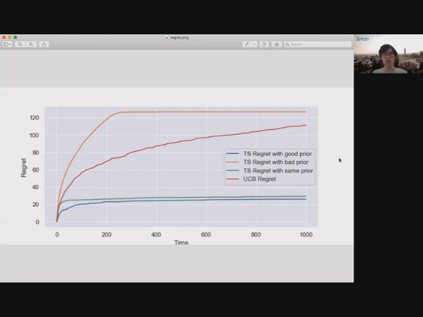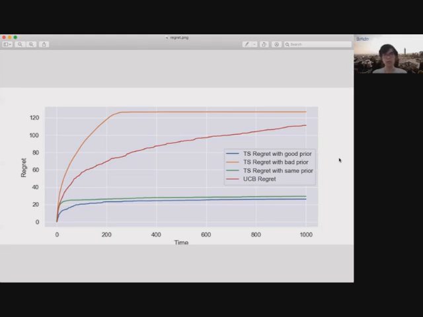So having a good prior means that we assume that for our priors pi 1, pi 2, and pi 3, and so forth, the mean for pi 1 is smaller than the mean for pi 2, which is smaller than the mean for pi 3, and so on and so forth. So the prior information actually reflects what is happening in reality. So that's a good prior.